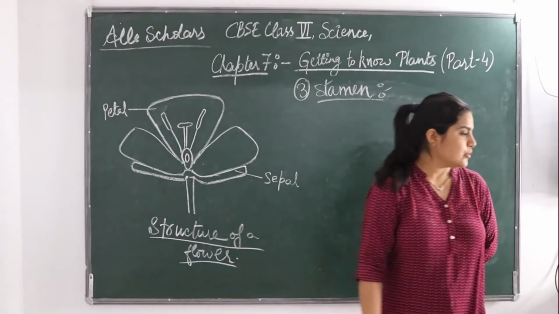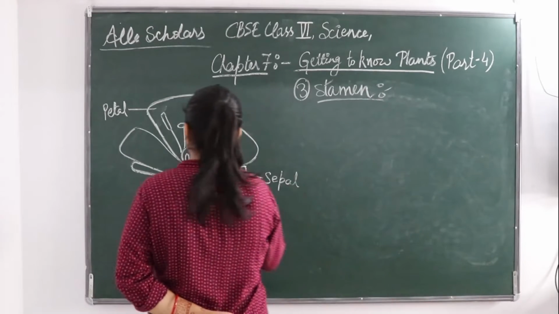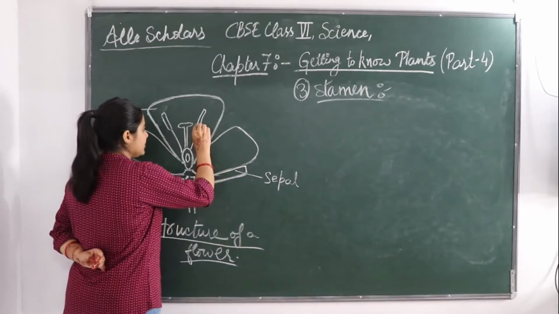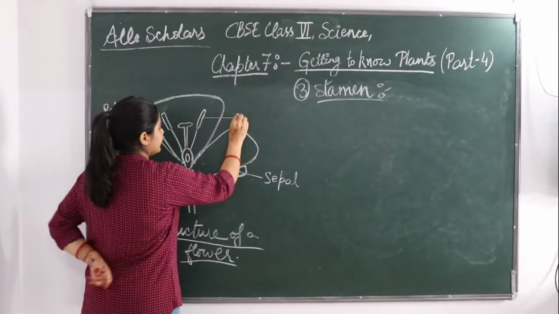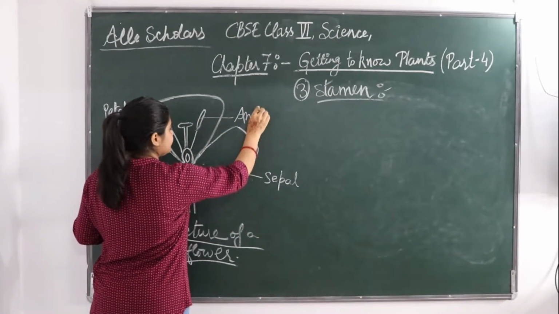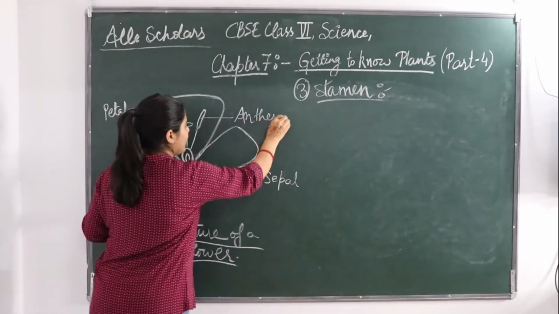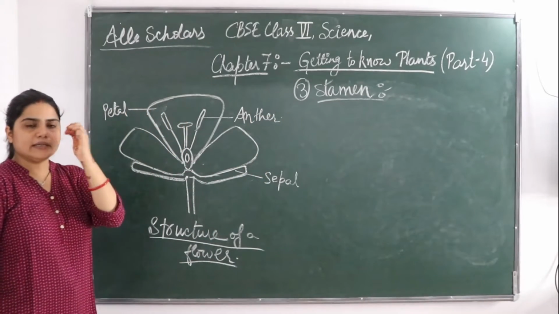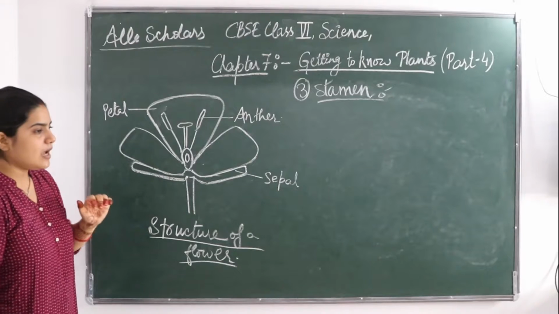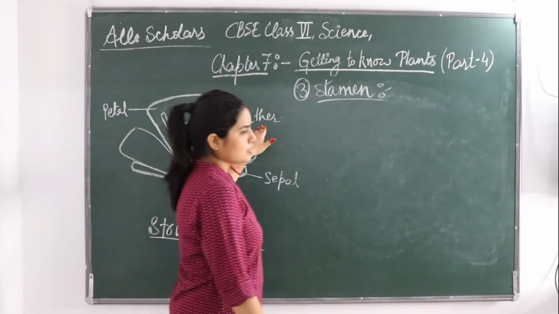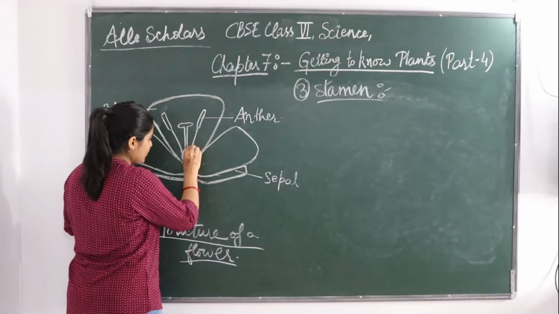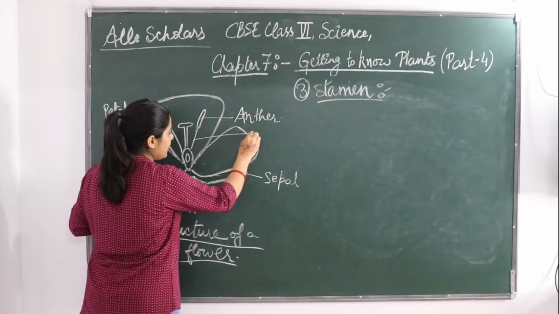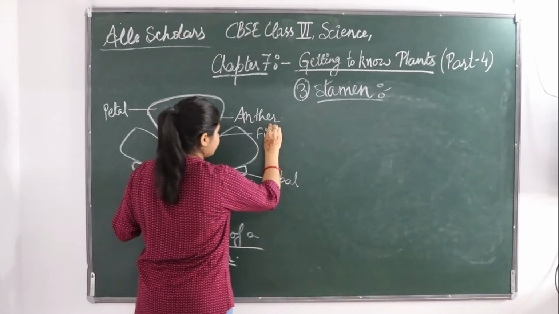Okay, so here in this diagram you can see this portion. This is the anther. In this anther there is a powdery substance that is pollen grain. This long structure is a filament.